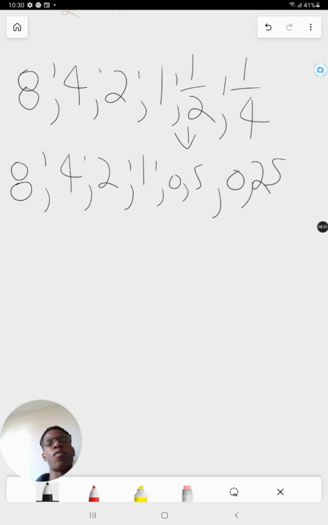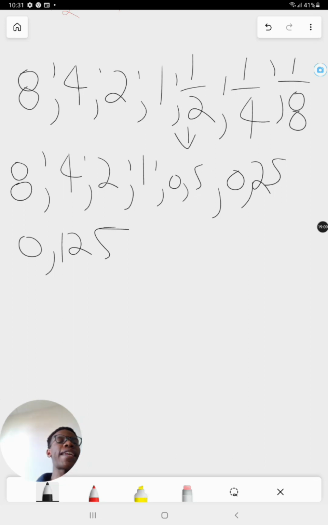If you punch 1 over 4 in your calculator, you'll see that it's 0.25. The next number is 1 over 8, which is 0.125.